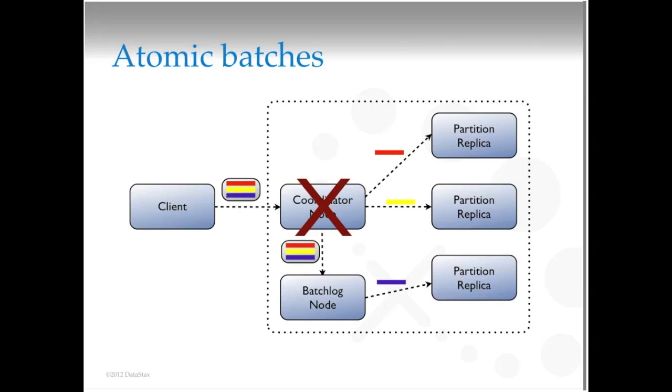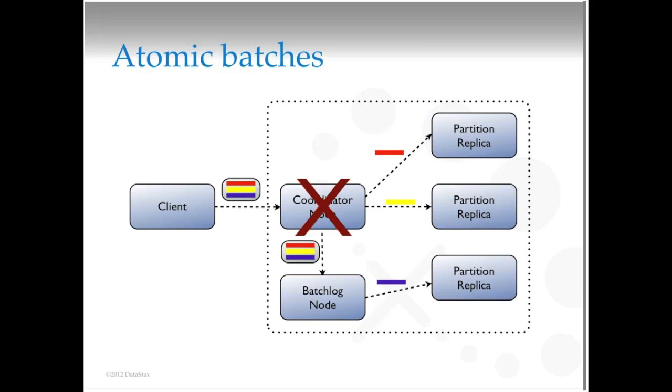This is actually the default now in CQL batches. If you say begin batch in CQL, then you're going to get an atomic batch. If you want a non-atomic batch, if you want the old behavior, you actually have to say begin unlogged batch, and that will give you the old behavior. There's about a 30% performance overhead to the atomic batch log.